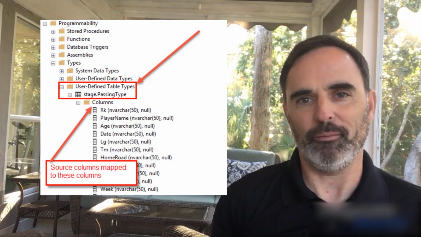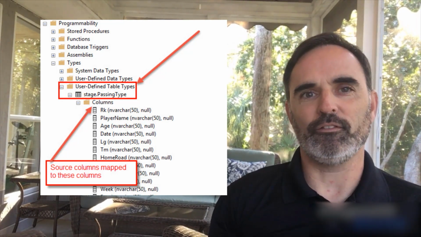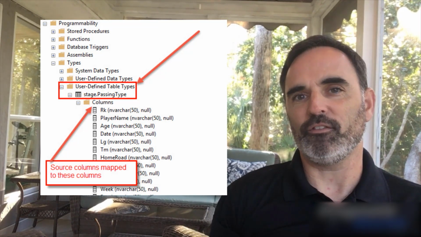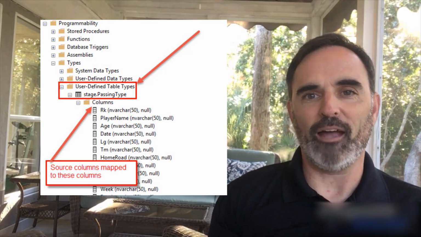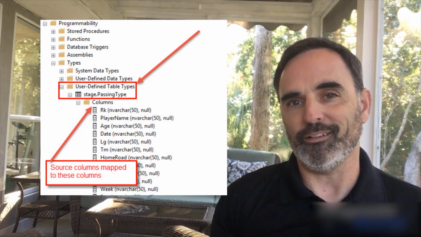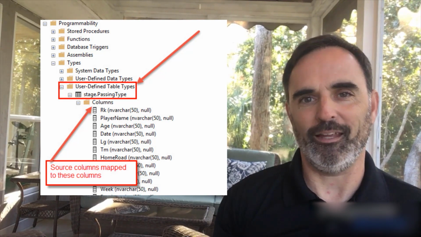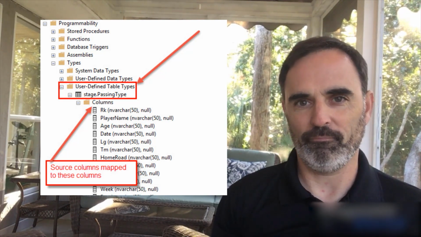So stage is my schema name, and passingType is the name of the data type. And so these are the columns that I've defined here, and in my case, these align very closely to the file data that I'm importing into my database. So again, this is my table data type with those columns defined.